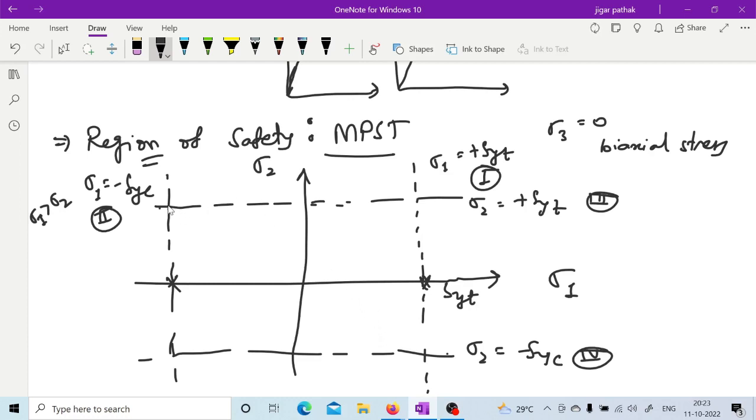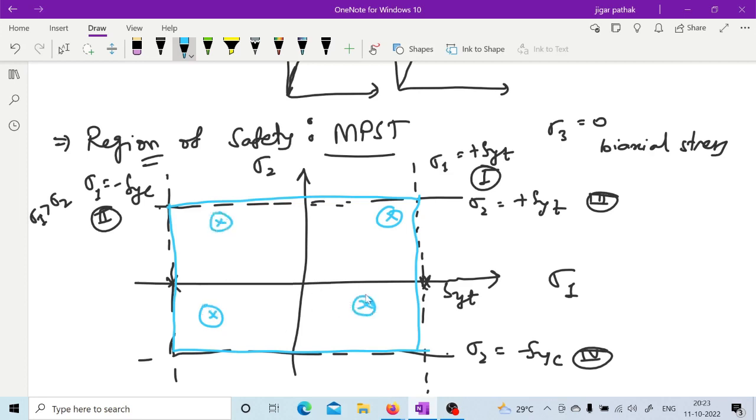So basically this is the region or envelope we have come up with after considering the different conditions. If your component is working and it has stress at any point inside this envelope, then your component is fine.